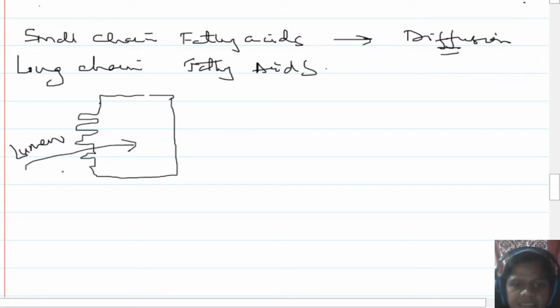These fatty acids are broken down into tiny droplets. These are called micelles. We've already come across this. Once they enter into the cell, these micelles are coated with protein. Now these are called chylomicrons.